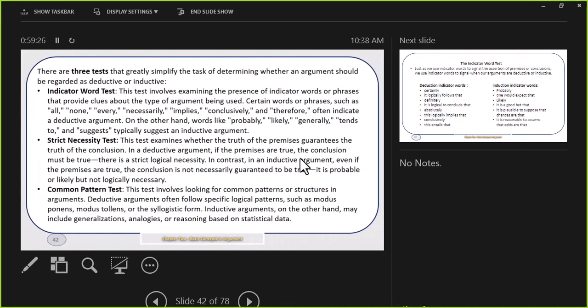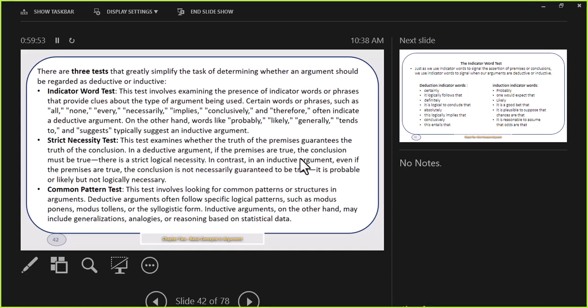Right? There are three tests that greatly simplify the task of determining whether an argument should be regarded as deductive or inductive. The first test is using indicator words. Indicator words, we have said, cannot be an absolute guarantee, but they provide us clues or a source of information to easily identify inductive or deductive argument. The strict necessity test is much stronger than the indicator word technique.